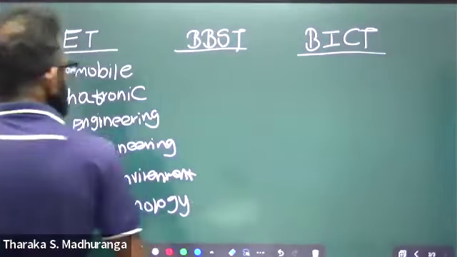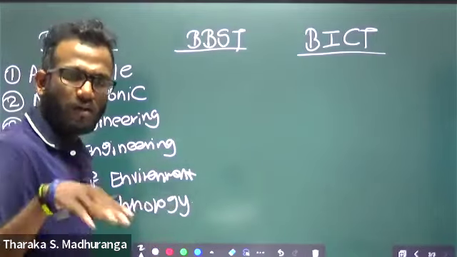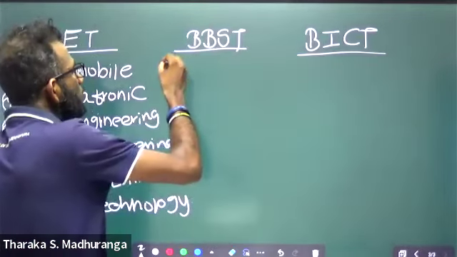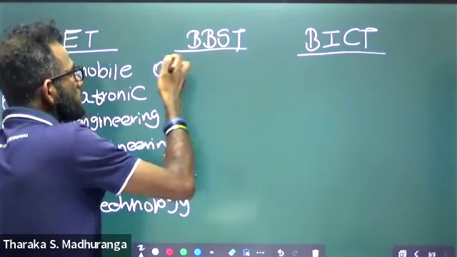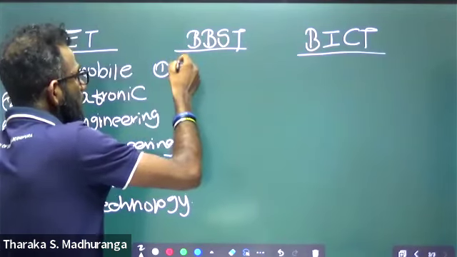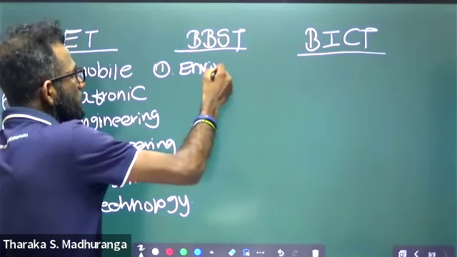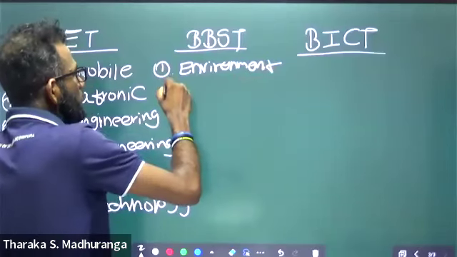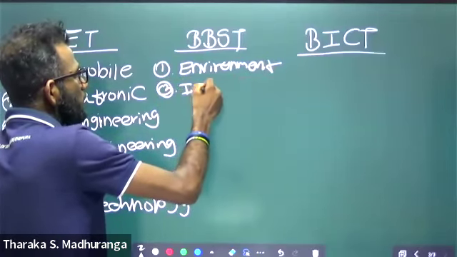Okay, Bachelor of Biosystems Technology. There are many new courses also, but commonly there are three main areas. The first is environment technology. The second is industrial biosystems technology.